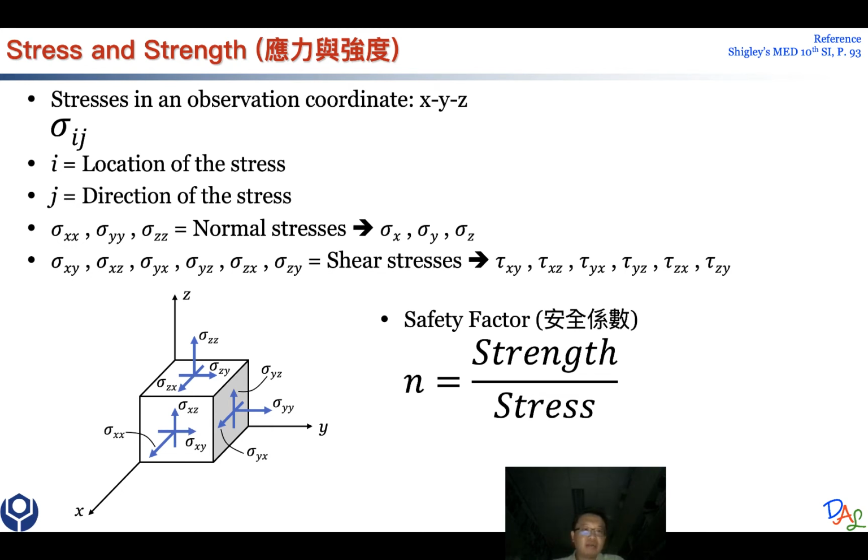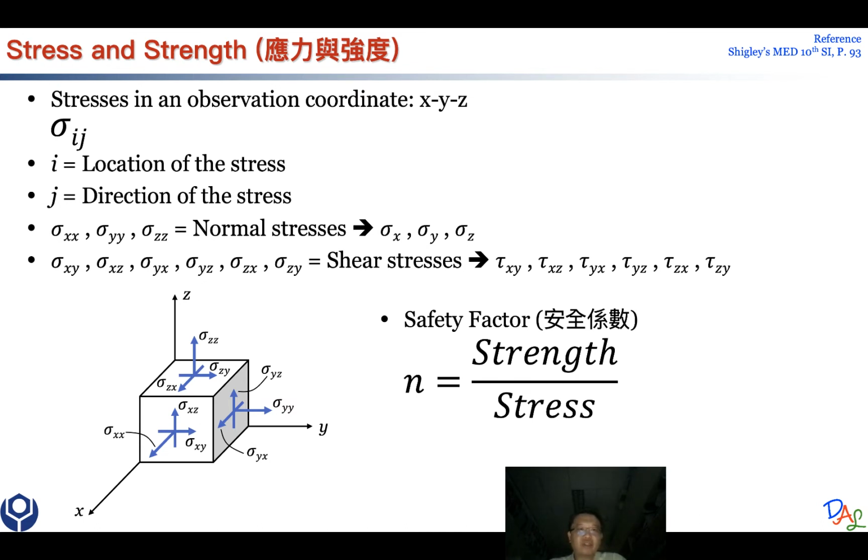Then we still want to keep the habit of naming the stresses parallel to or perpendicular to our coordinate axes. Therefore, when you observe this whole thing in a different orientation, supposedly the values of those stresses should be different. And this practice of changing the coordinate and analyzing how the stresses are different in different orientations is actually a very important step in some future analysis.